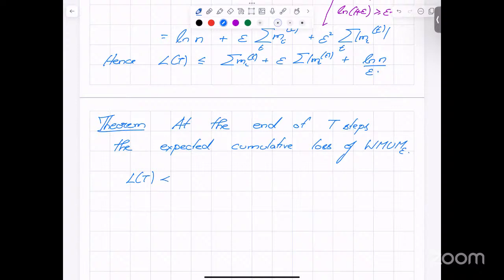Sorry, I made a ton of errors over here. So it is ln n by epsilon. That's the rate of the algorithm. Plus, that's the most important thing. It's MIT.